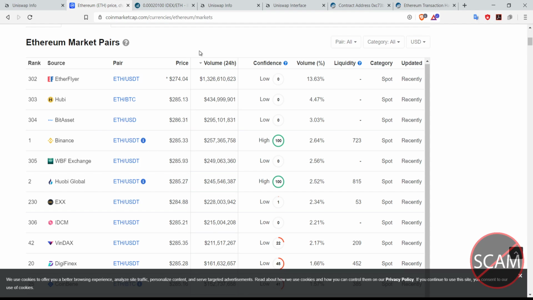So liquidity is generally defined as the ability to easily transfer funds from one market to another, or within one market, one asset to another. For example, from ETH to USDT, or from US dollars to gold, or US dollars to stocks, whatever.